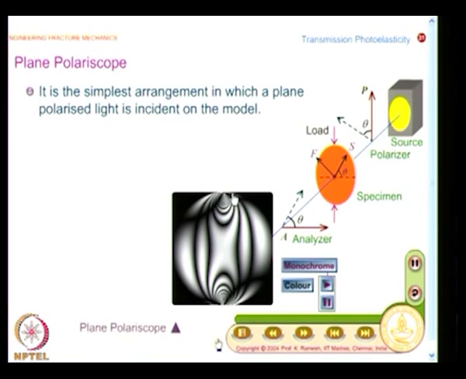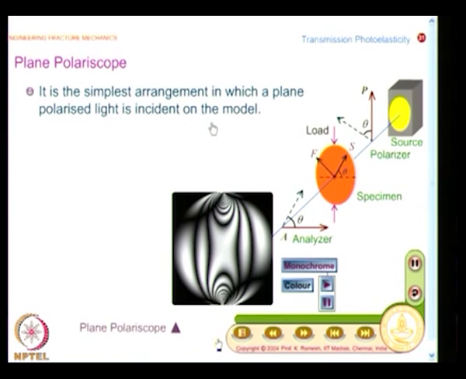and you need to make a neat sketch of it. You first worry about light source, put the polarizer, put the model and put the analyzer. And what we find here is this is the simplest arrangement in which a plane polarized light is incident on the model.